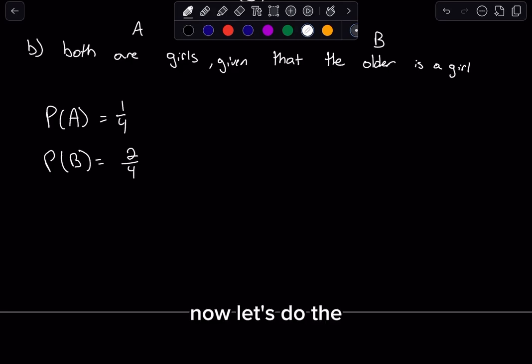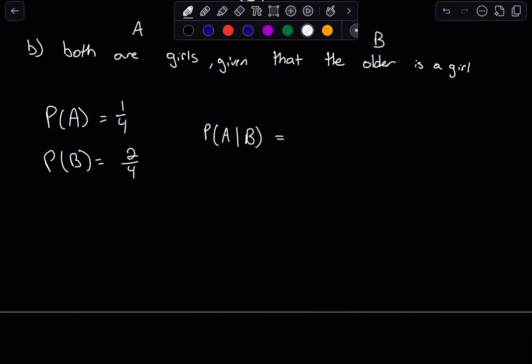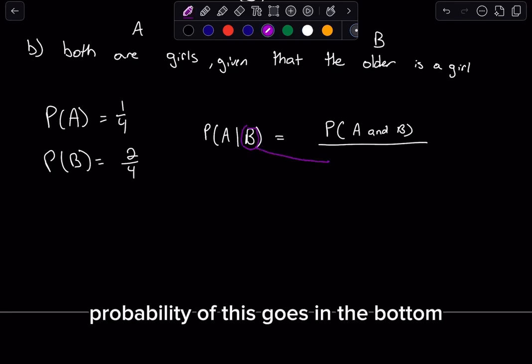Now let's do the conditional probability formula for this. So P of A given B is as follows. Probability of A and B, and then probability of B goes in the bottom.